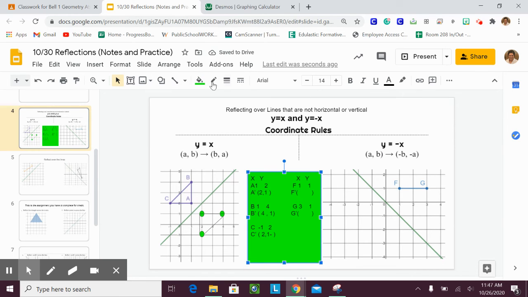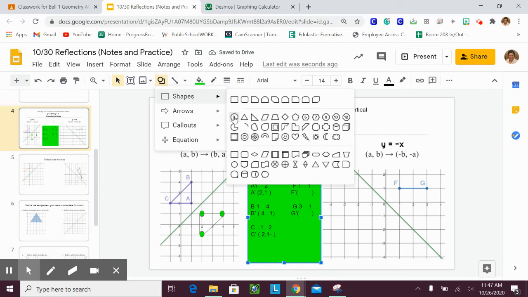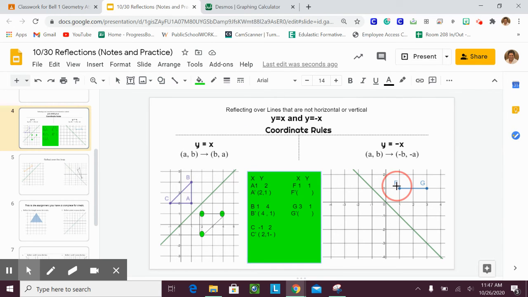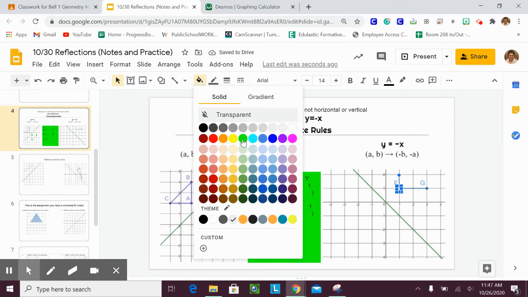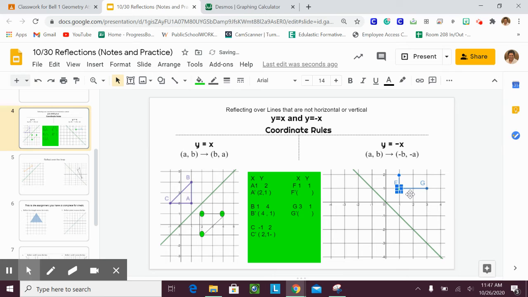All right. So hopefully we have paused and we have done that. Let me color this green here. So if F was at 1, 1, flipping those would be -1, -1. If G was at 3, 1, it's now going to be -1, -3.